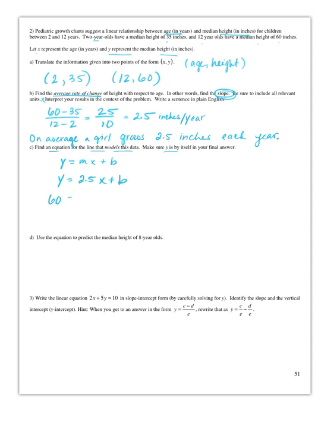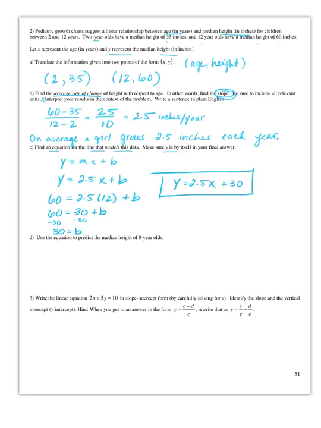So now we're going to plug in one of our points, y equals 60, and we'll put the 12 in for x, and solve for b. So we find that 60 equals 30 plus b, subtract 30 from both sides, and we get b equals 30. And now we're going to put all of it together. We're going to have y equals our slope, 2.5x, plus the intercept, 30.